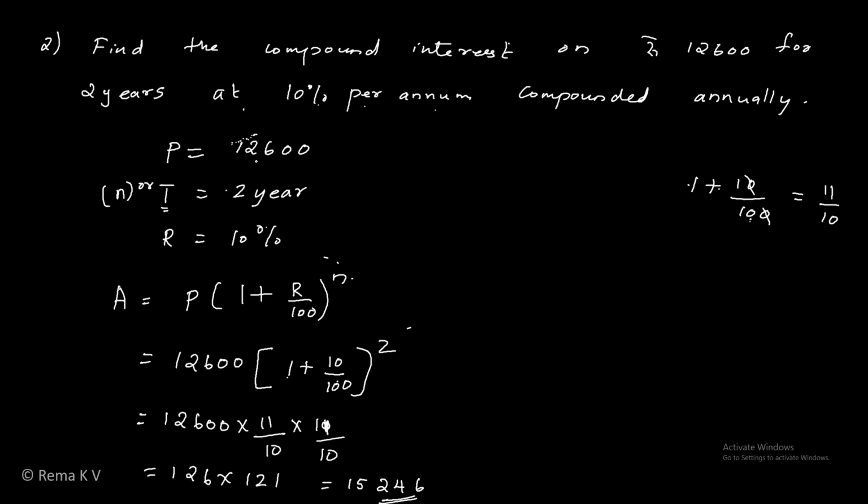That is, if you deposit 12,600 rupees, after 2 years you will receive an amount of 15,246. So what is the interest? Compound interest is equal to A minus P, which equals 15,246 minus 12,600.